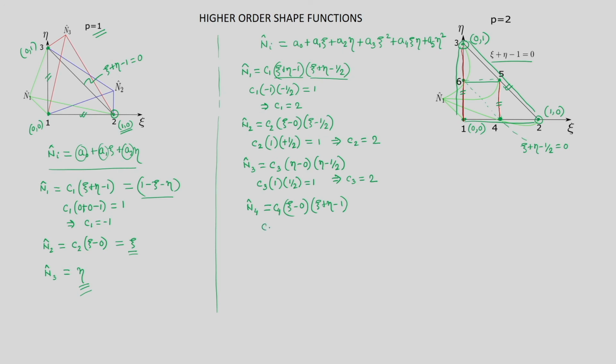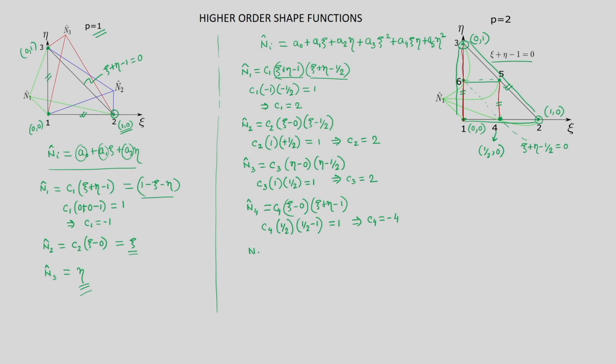Now, the coordinate of point 4 is half comma 0. So, if we put xi equal to half, eta equal to 0, this is half and this is minus half, so this yields 1 over minus 4. So, C4 has to be minus 4.